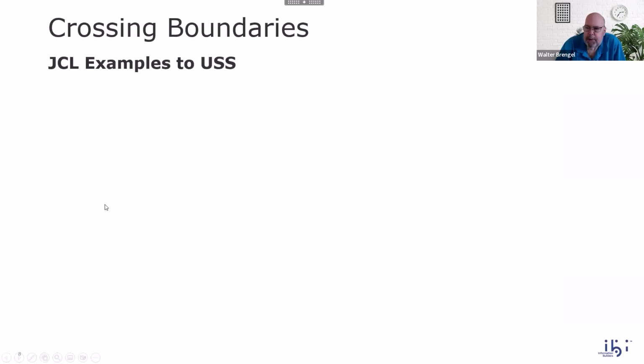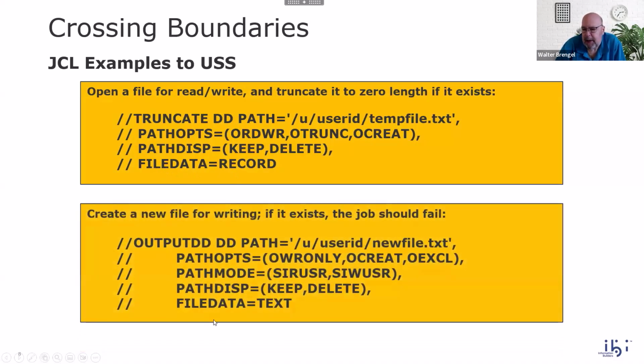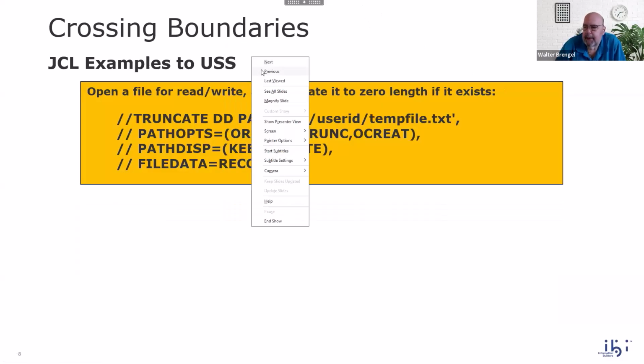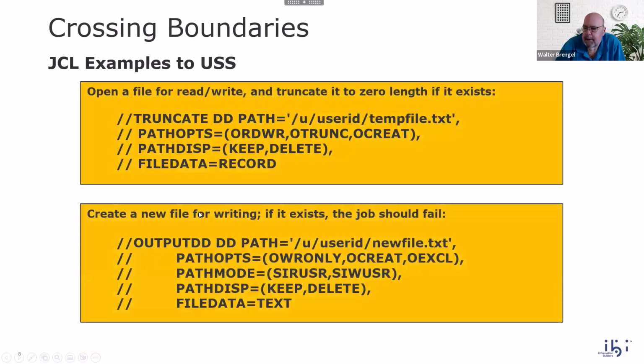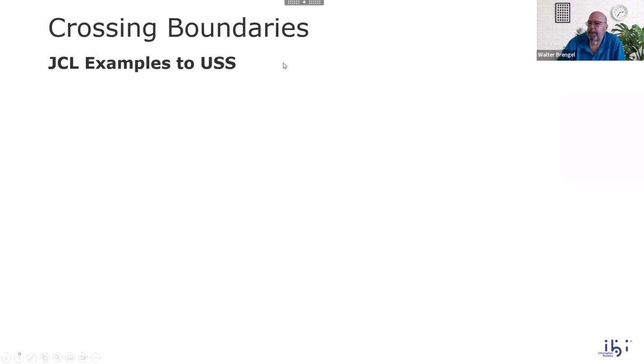Here are some other examples to go to USS in JCL. There are some other parameters, like we have file data equals record, and file data equals text. Again, these are optional, which we didn't have in the original ones. So the first set that I had on this slide is what I've used.